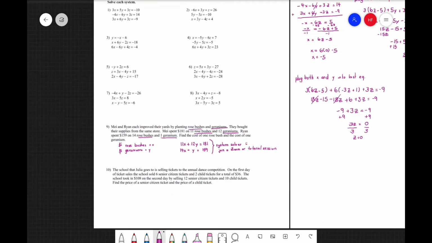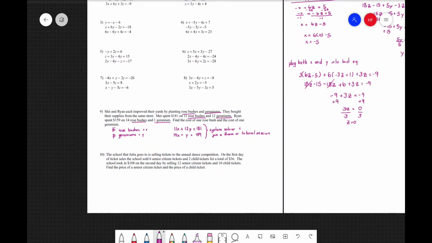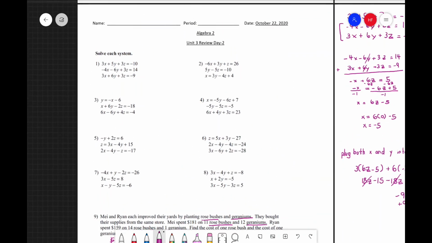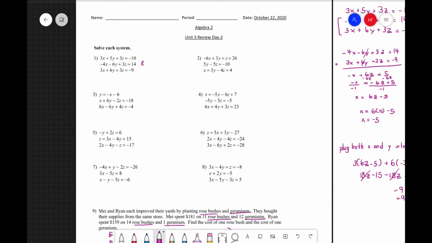But I'm not going to ask you to do that on all 1 through 8. So for my students' sake, this is the example. I'm going to ask you to do this one by hand, and this one by hand, and then these and these, use the system solver to get that good practice in.